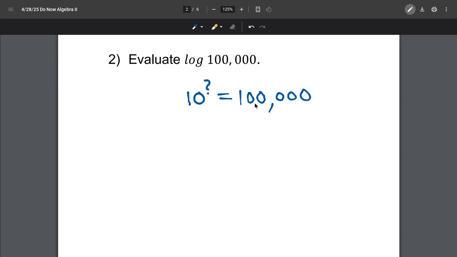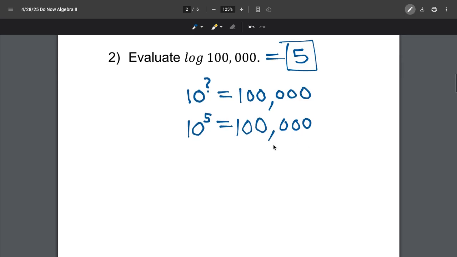Well, all you need to do is count the zeros. So 1, 2, 3, 4, 5, 10 to the 5th power equals 100,000. So the log of 100,000 equals 5.